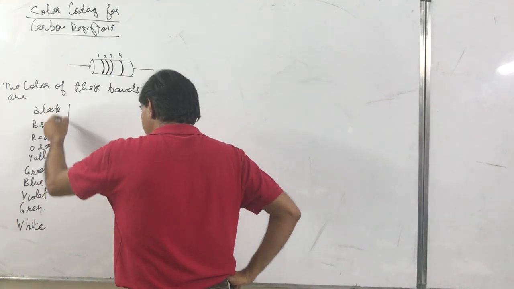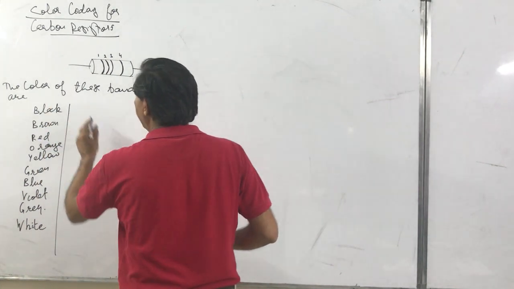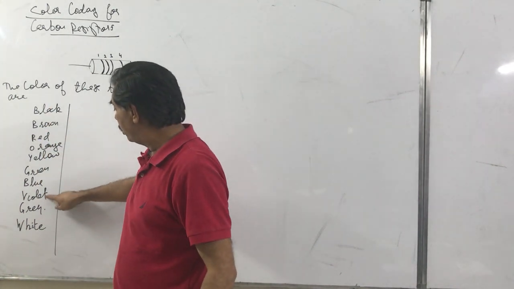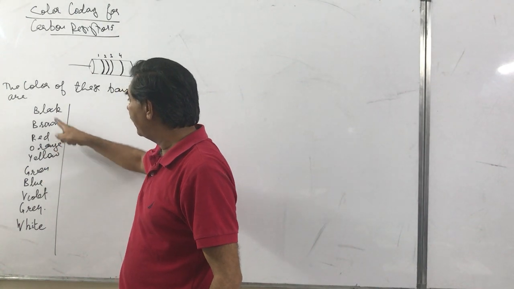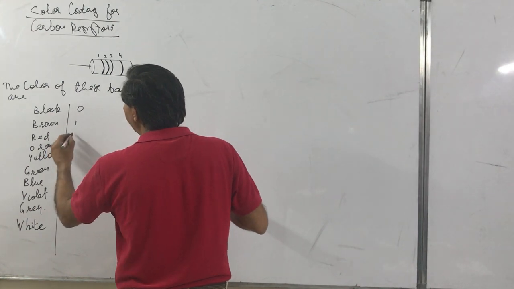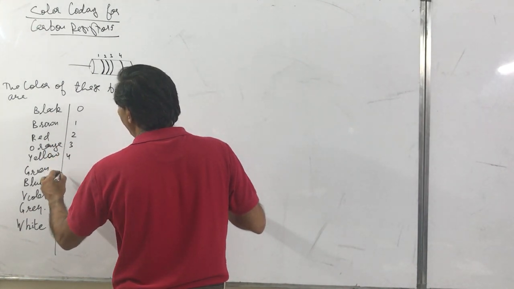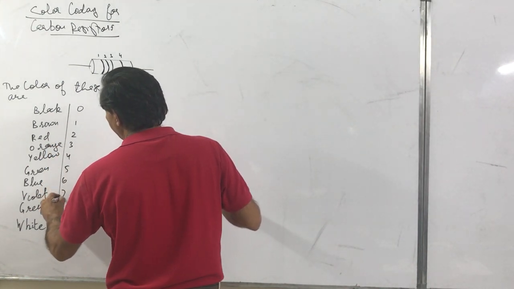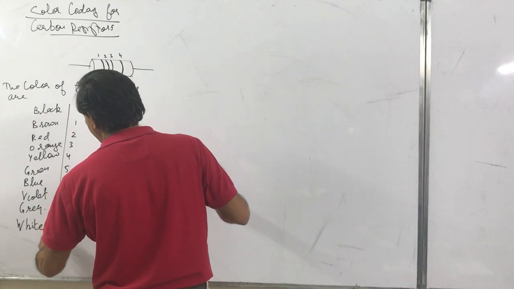These 10 colors denote the digits 0, 1, 2, 3, 4, 5, 6, 7, 8, and 9.